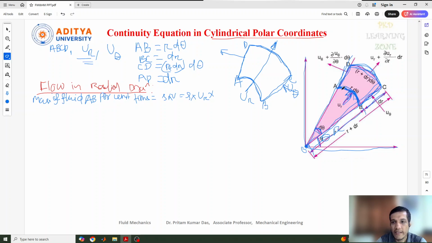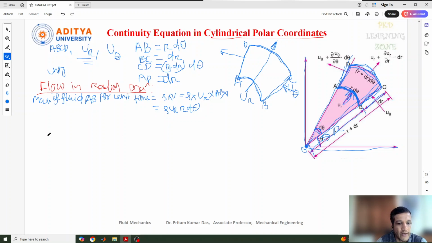Let's consider the thickness of this fluid element to be unity, so you can write AB into 1. AB length we already got as r d theta, so we can put the value here. So rho into UR into r d theta is the mass of fluid entering at the AB side.